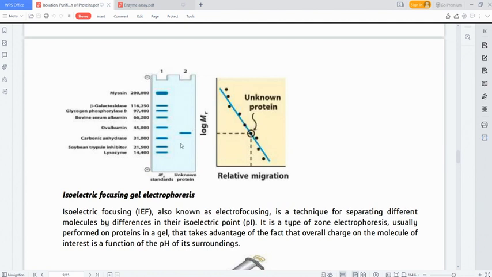When you are done, you find the log of the molecular weight of the known proteins and plot it against the distance each of them moved. When you finish plotting, you can trace the distance moved by the protein of interest and find the antilog. So they are simple things.